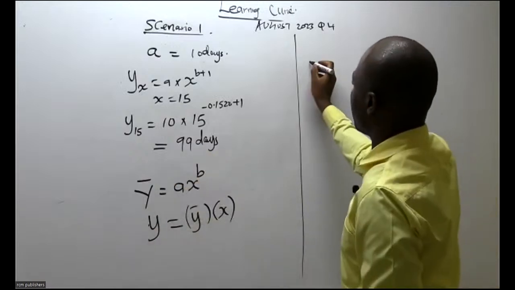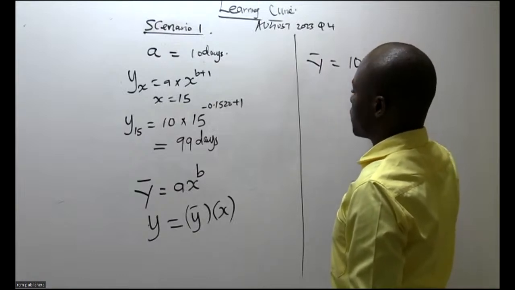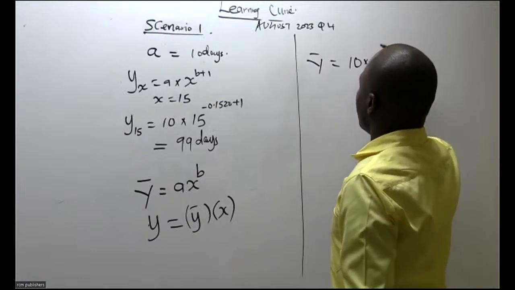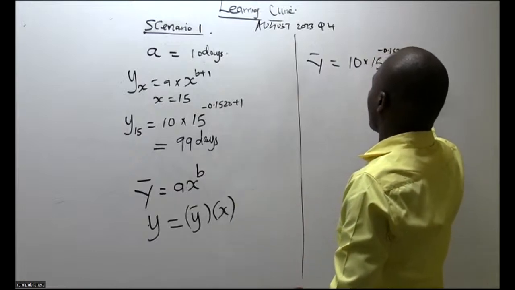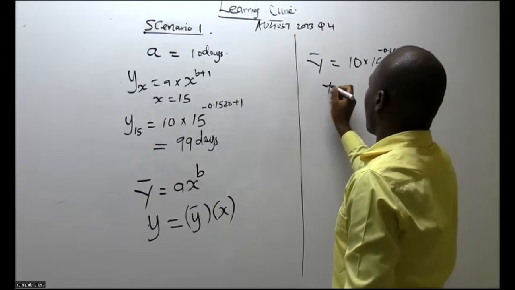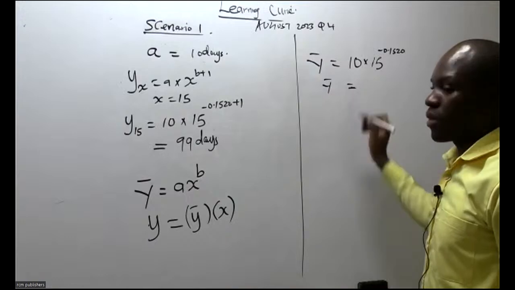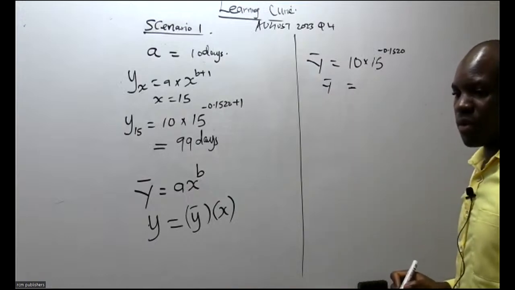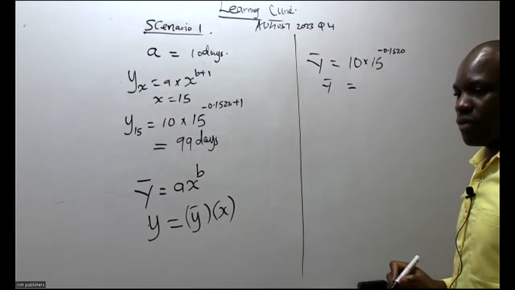Let's get the average first. The average will be A, which is 10 times X, which is 15, raised power negative 0.152. How much do you get for that average?